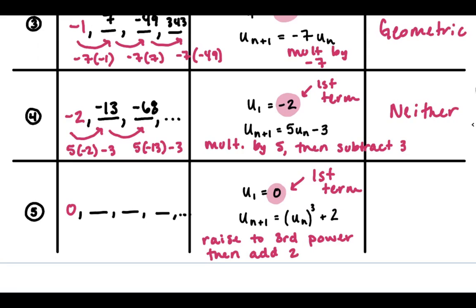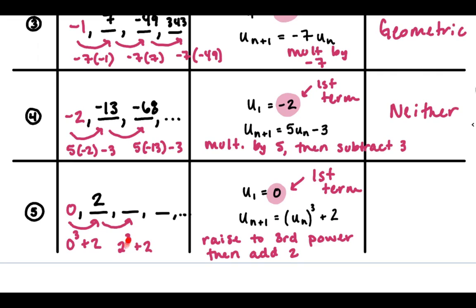Okay, so let's do that. From 0 to the next term, I need to raise 0 to the third power and then add 2. So 0 to the third is 0, plus 2 is 2. Now I'm going to do that again, but my current term is 2. So to get the next term, I'm going to do 2 to the third power, then plus 2.